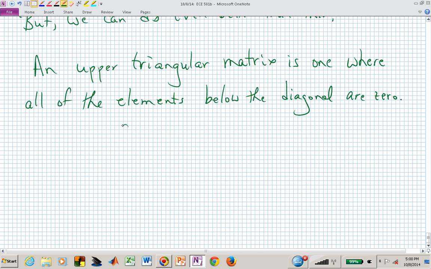Meaning if we wanted an upper triangular matrix, we could have lambda 1, lambda sub 2, all the way down to, let's say, lambda sub n. We may have some non-zero entries above that, but everything below is 0.